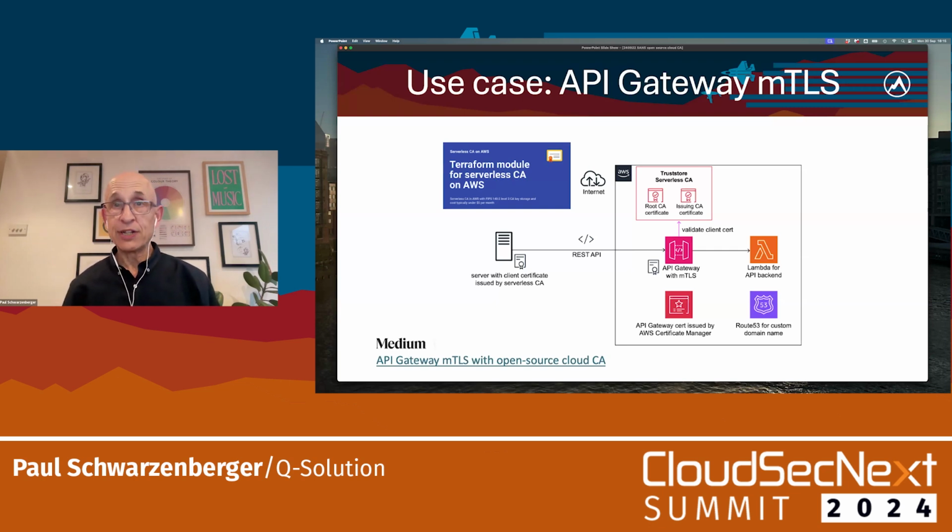We're going to trust a client certificate which connects from a server outside of AWS, provided that client certificate is issued by the issuing CA and root CA that we trust. We're going to simulate the server that's connecting in with my laptop. So that's what we're going to take a look at.